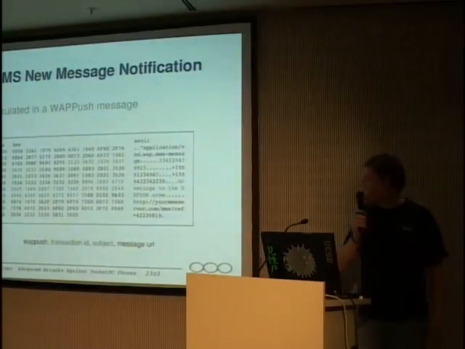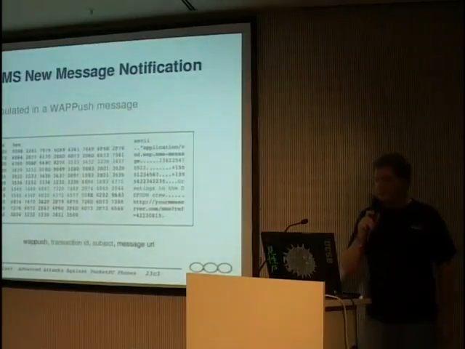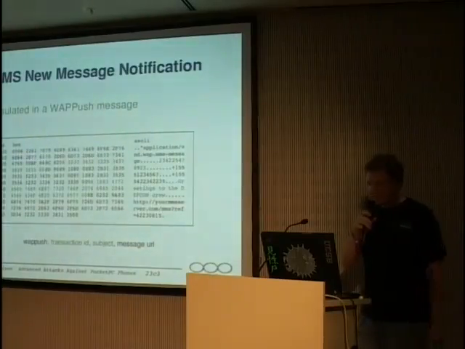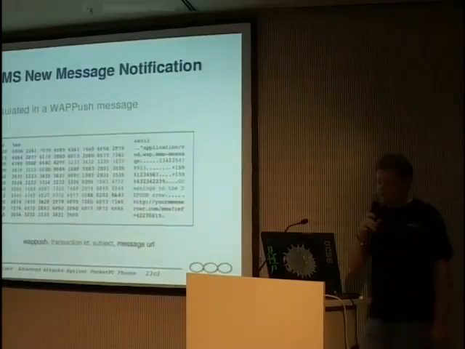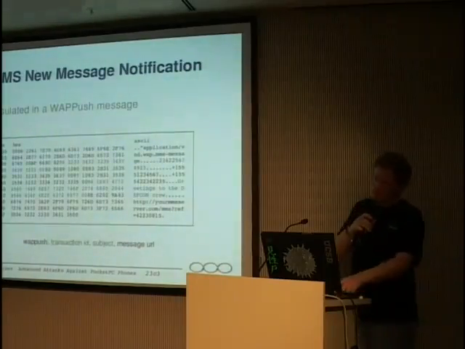So here's a packet dump where you just see the MIME type in the beginning, then the transaction ID, the phone numbers which are not highlighted, the subject, and the message URL. Your MMS service provider, and then some ID. That's what your phone gets. Just HTTP get me this.